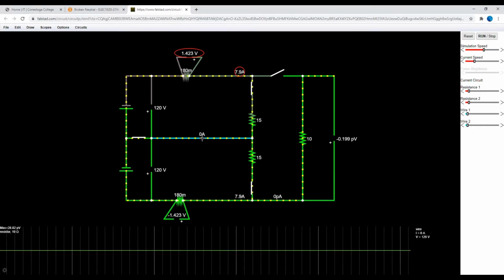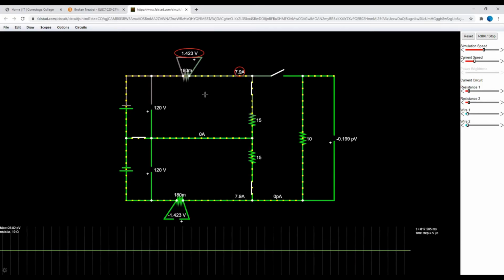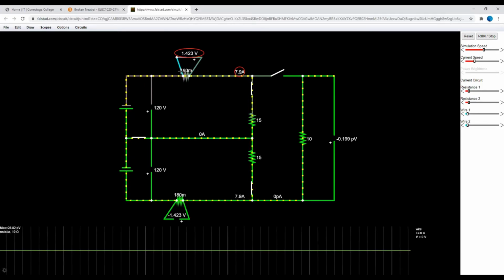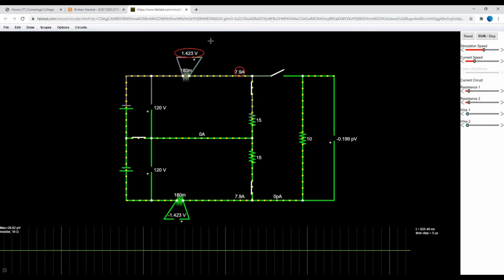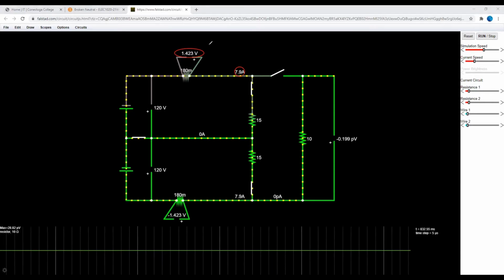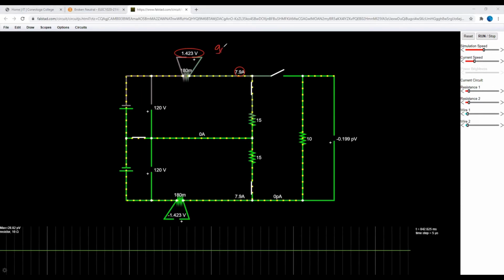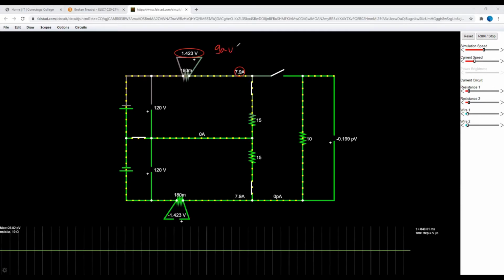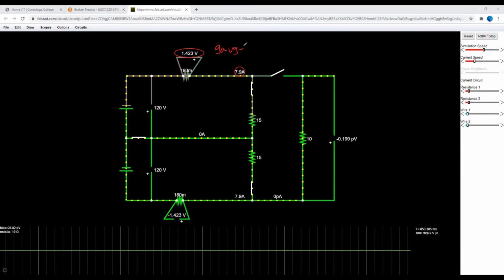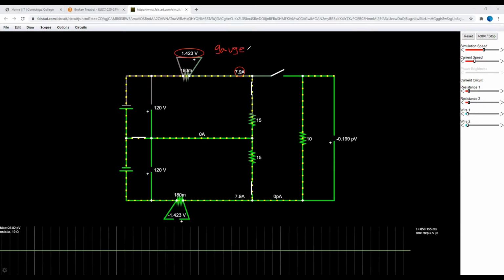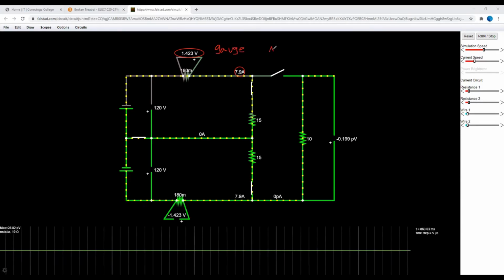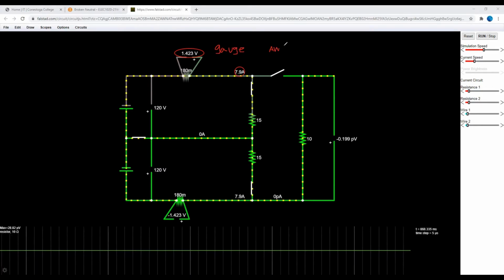Now, the 3 factors that are going to determine this voltage drop, I said at the beginning, are 3 things. One of them is called gauge, and the gauge in your code book is given in American wire gauge, AWG.